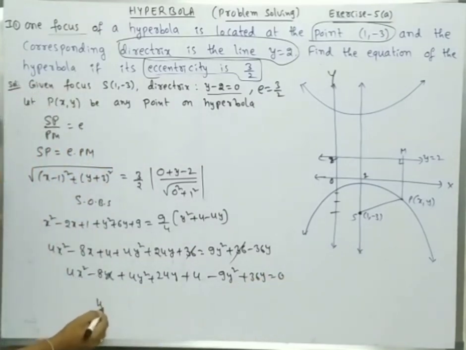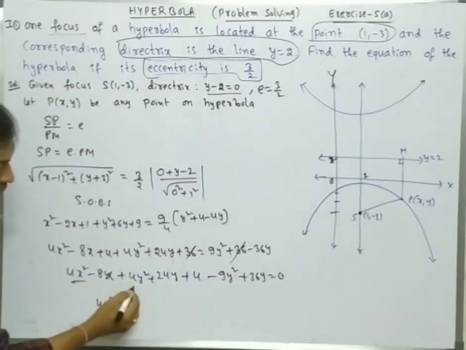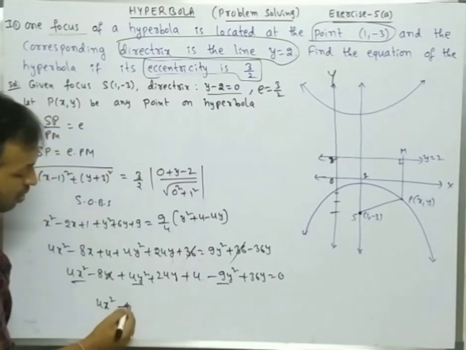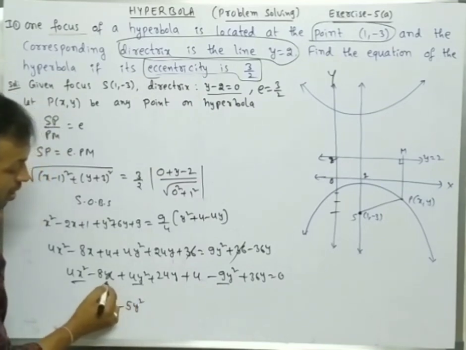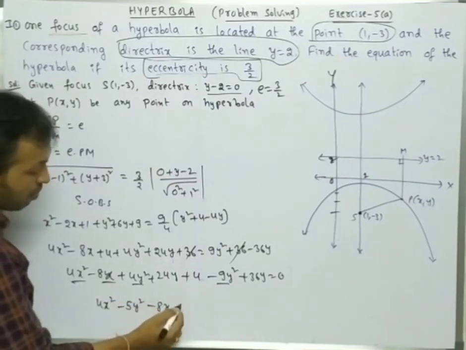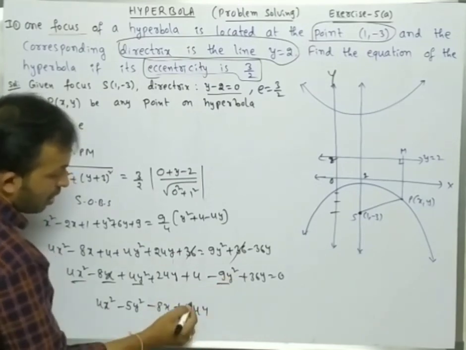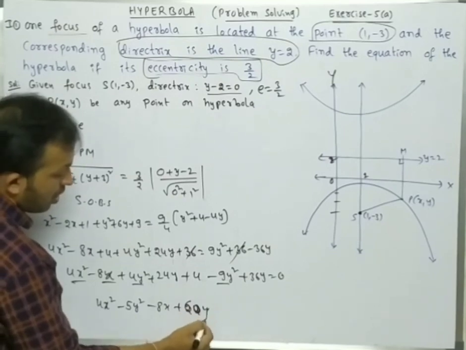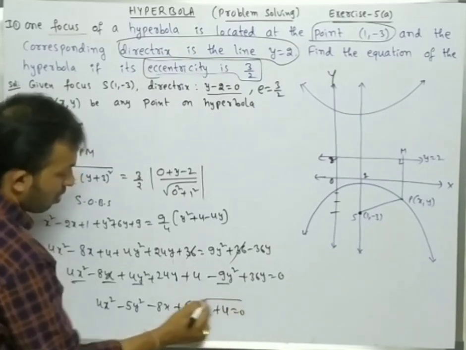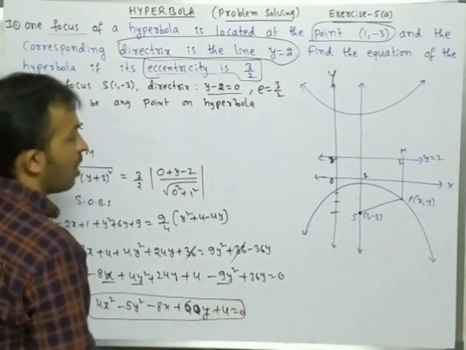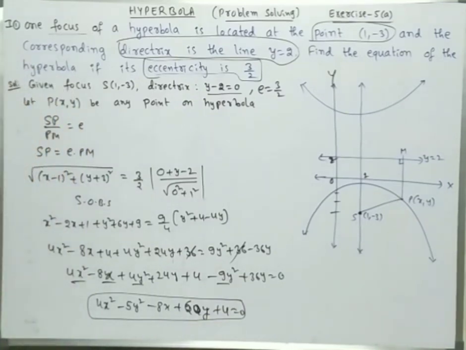So finally we will get 4x square, 4y square - 9y square = -5y square, -8x, +24y + 36y = 60y, + 4 = 0. So this is the required equation of the hyperbola. Like this we can find the equation of the hyperbola with the given conditions.